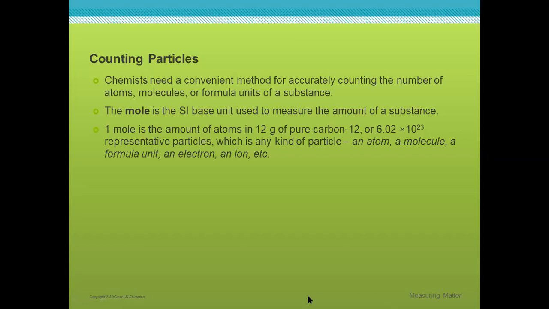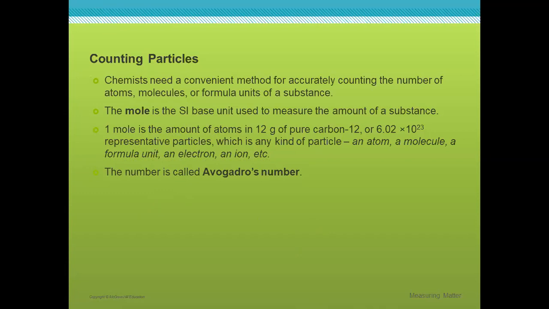After that, the number is called Avogadro's number. So 1 mole of any substance contains Avogadro's number, and it's a fixed number which equals 6.02 times 10 power 23.